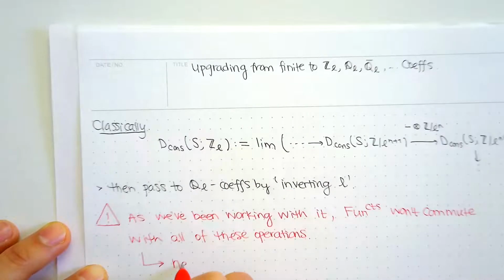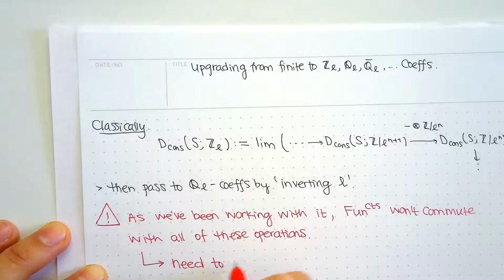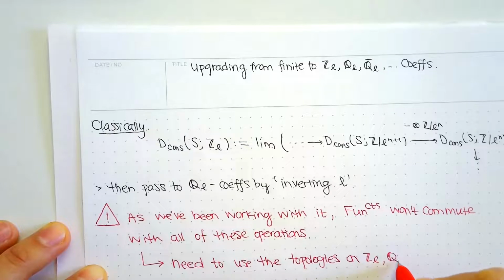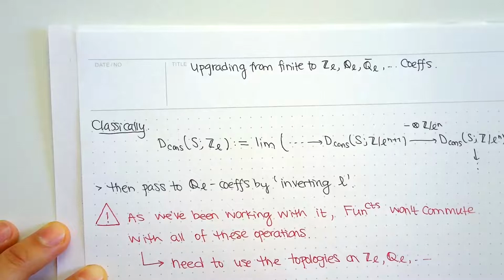So you really need to use the topologies on ZL, QL, etc. And this is what leads you to work with condensed mathematics.